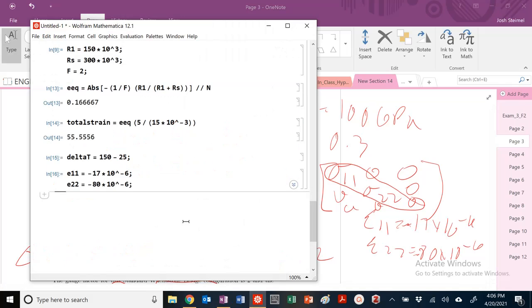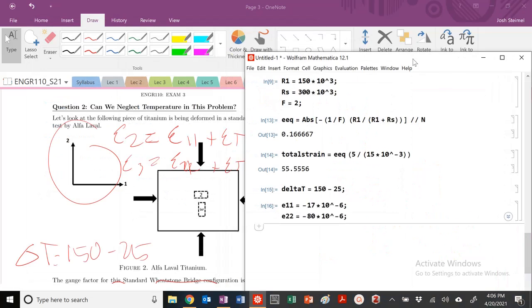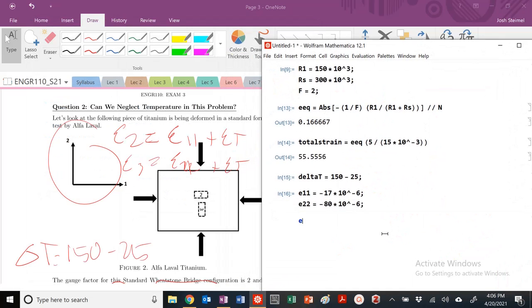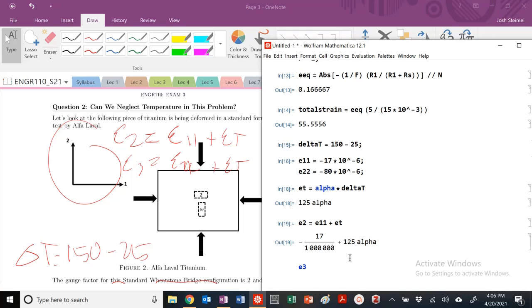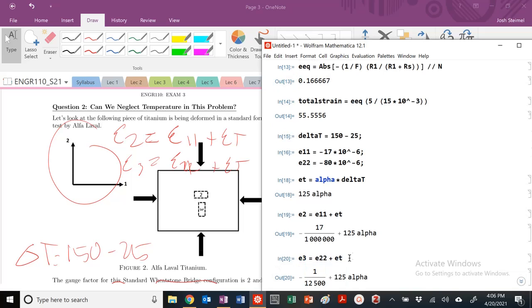So let's write that down: E2 is equal to E11 plus ET, and ET is equal to alpha times delta T. So E3 is equal to E22 plus ET. Let's just make sure that that's all correct.